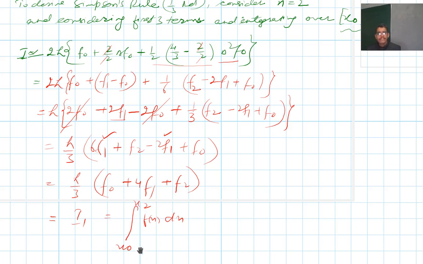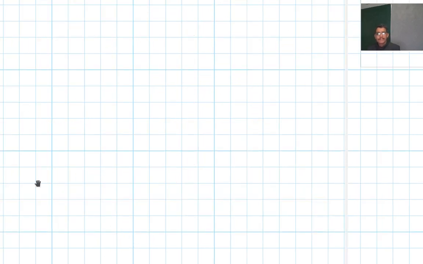Now we have to generalize it, right? So to generalize it means the result which we have got, that is I1 is nearly equal to h by 3 [f of naught plus 4 f of 1 plus f of 2], and it is basically the integral of f of x dx from x naught to x2, right?